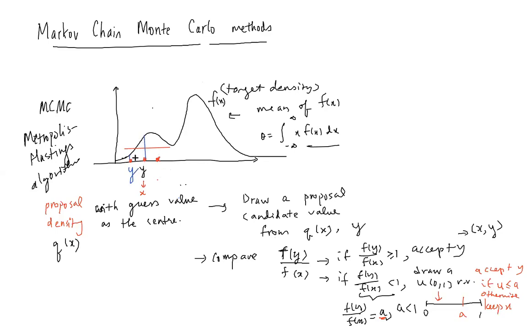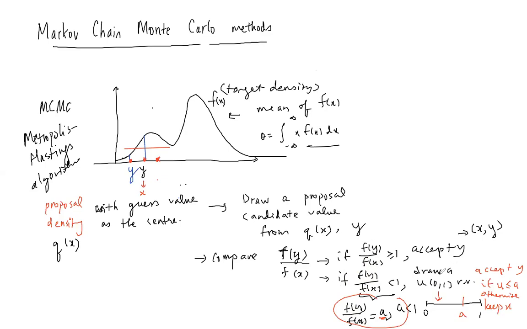Now clearly, the height of the newly proposed candidate is lower than your original starting value, right? So in this case, it will fall under this situation.